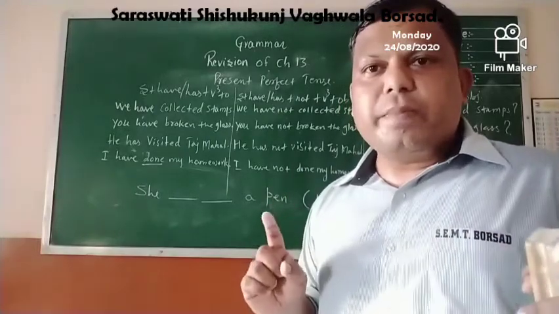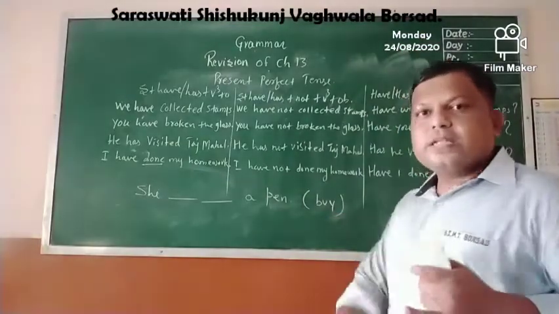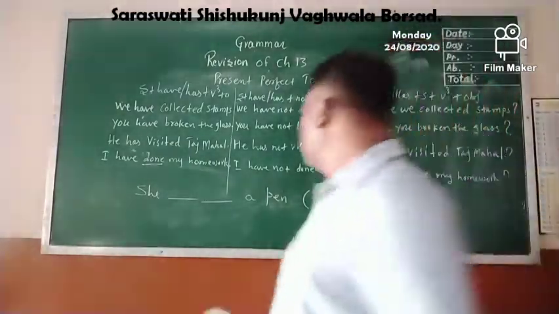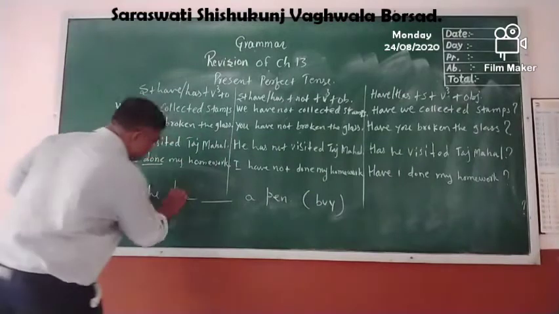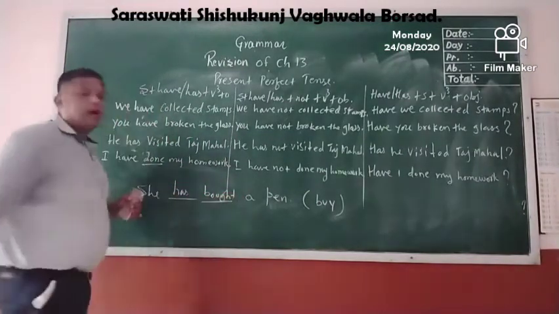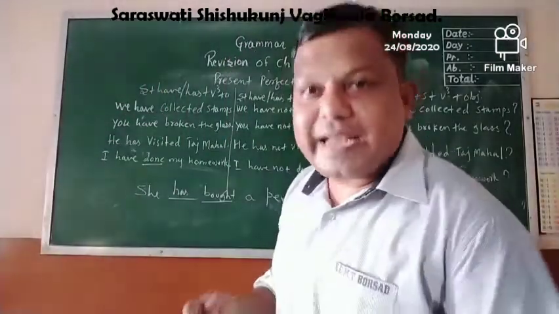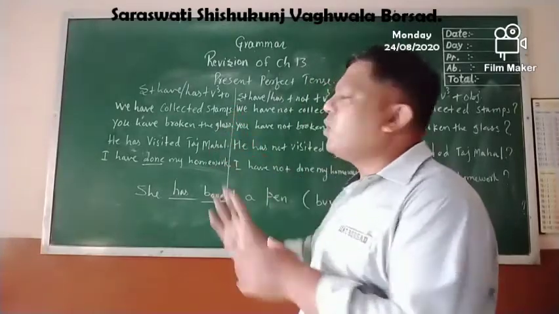So what you need to remember, she लिखा है, correct? यहाँ पे दिया है buy, so what is buy, bought. So she has bought a pen. So like this exercise which are there in the textbook, this is the way you need to understand.